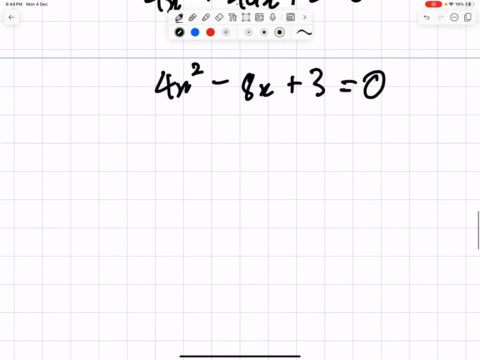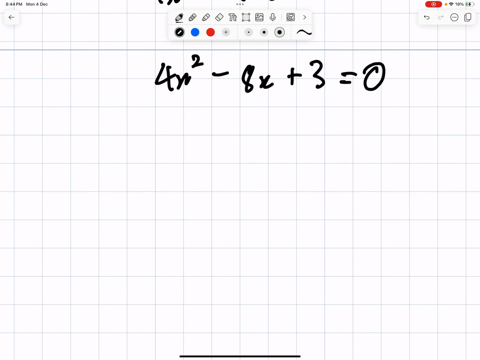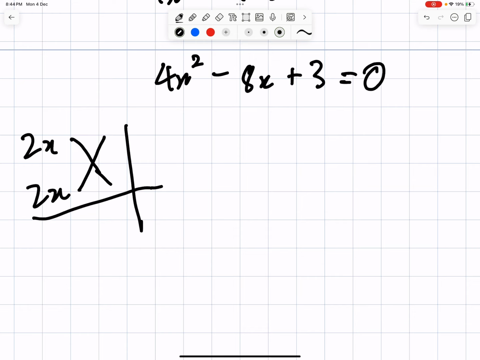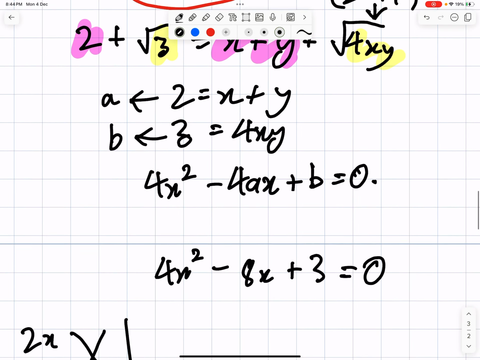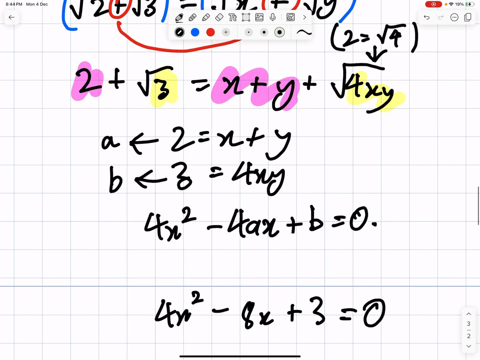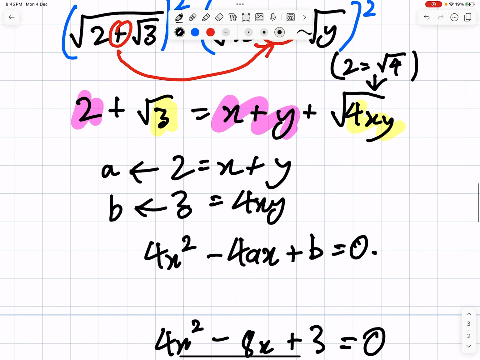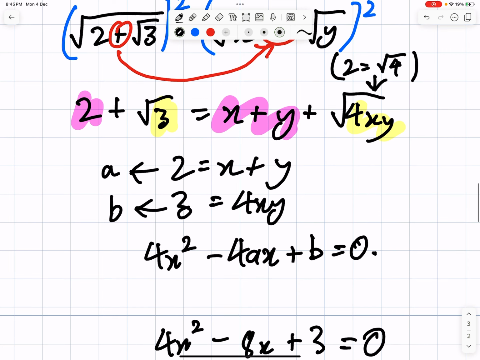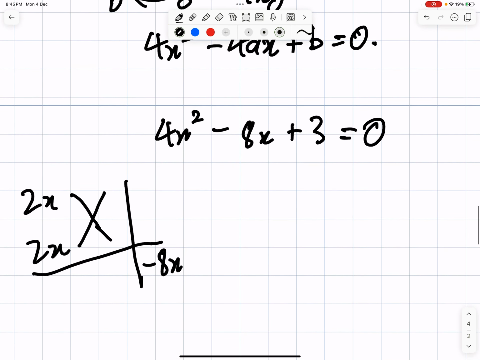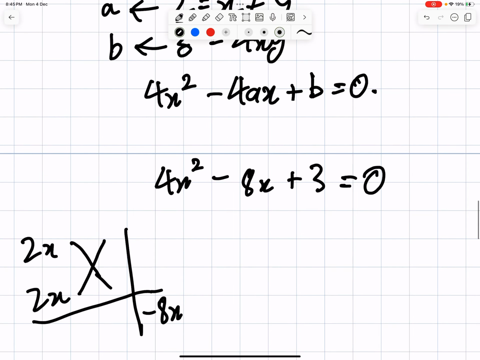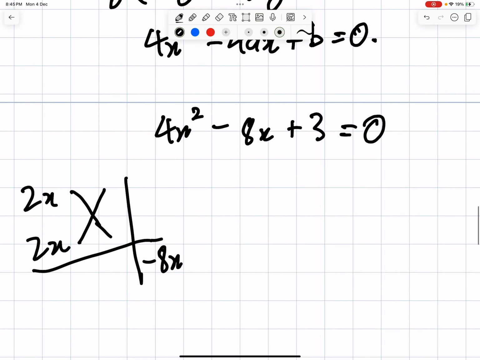Now when we solve this, let me just check the factorization, oh, my bad.